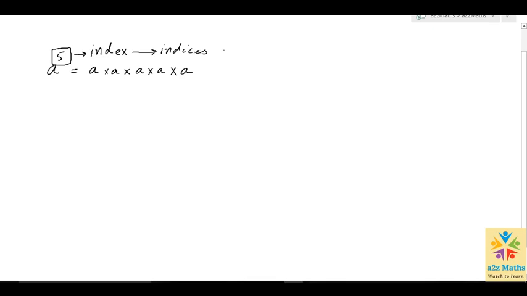That is why we call this topic laws of indices. So this is the topic we are going to discuss today.